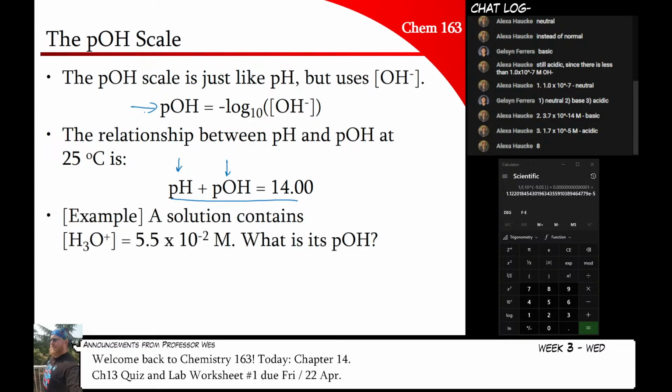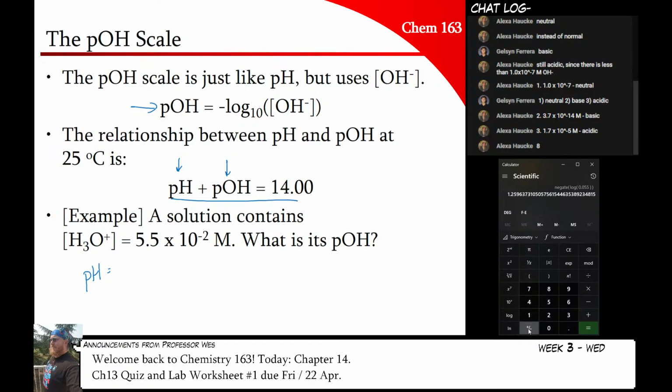So, for example, if this is my H3O plus concentration, and I'm asked, what's the pOH? You might say to yourself, oh, I need to use Kw to figure out what OH is and then subtract. Or I could find what the pH is, which would just be this. So 5.5 times 10 to the negative 2. We're going to log that and negate it.